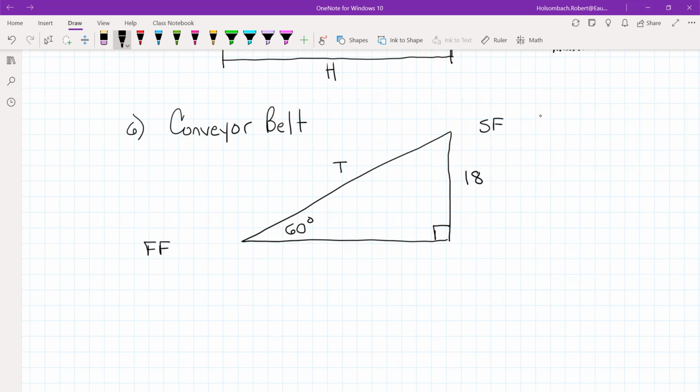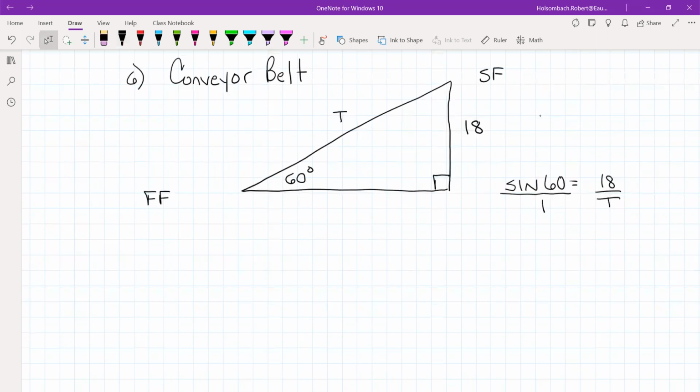So we've got the opposite side. We're looking for the hypotenuse. So that's sine. So sine 60 over 1 equals the opposite side 18 over the hypotenuse, which is T. So we're going to crisscross multiply.